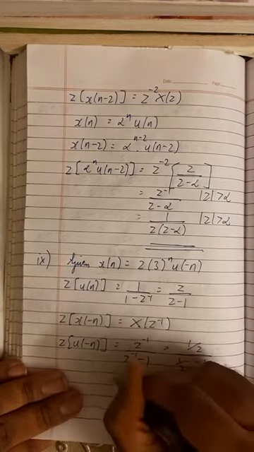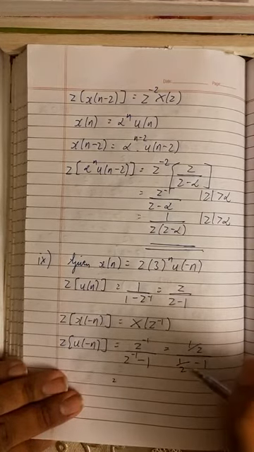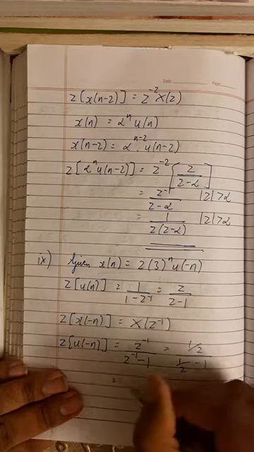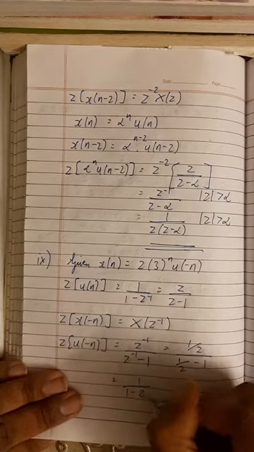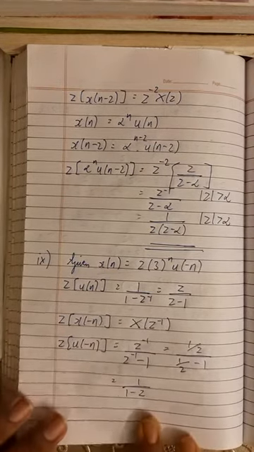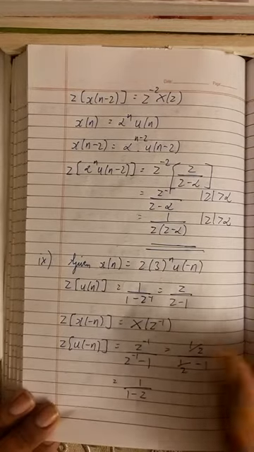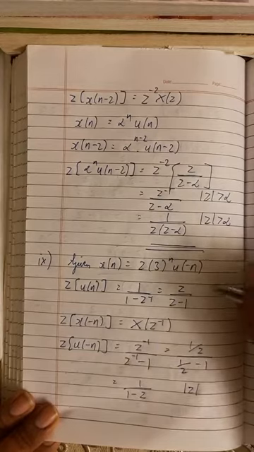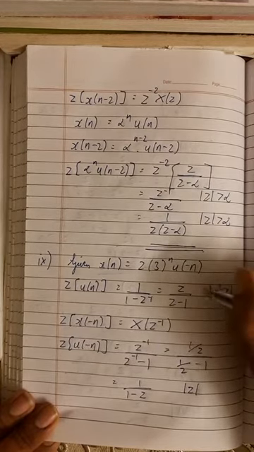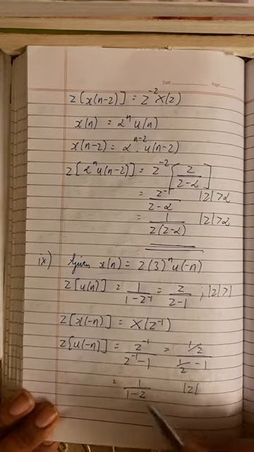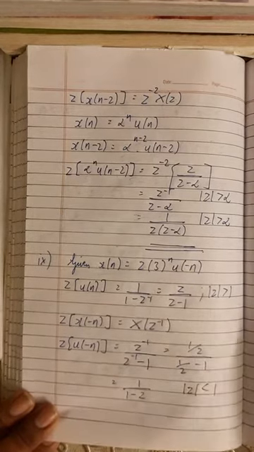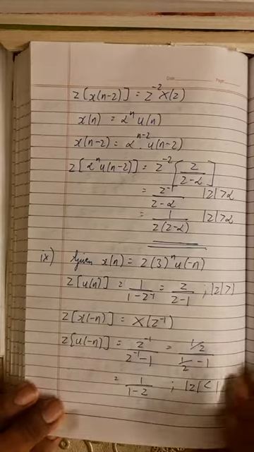The Z's cancel and you get 1 by 1 minus Z. Here the magnitude of Z is greater than 1 originally, and with the time reversal property the region of convergence is reversed, so magnitude of Z is less than 1.